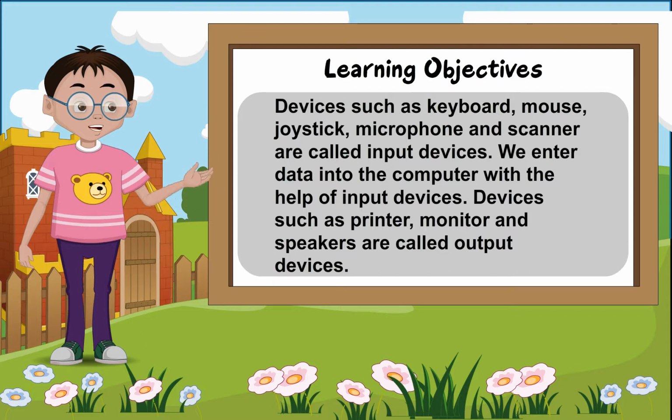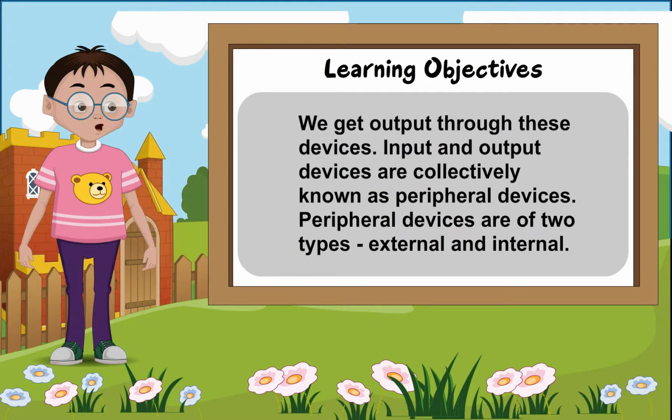We enter data into the computer with the help of input devices. Devices such as printer, monitor, and speakers are called output devices. We get output through these devices. Input and output devices are collectively known as peripheral devices.